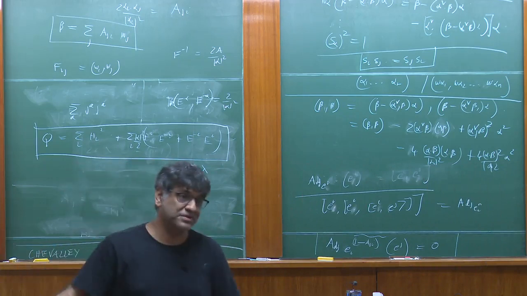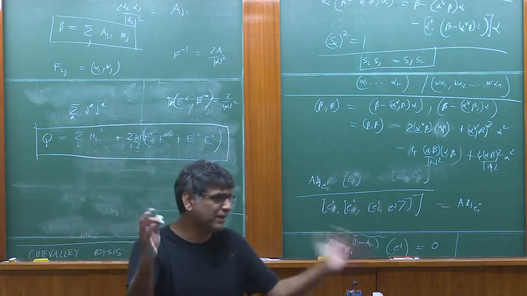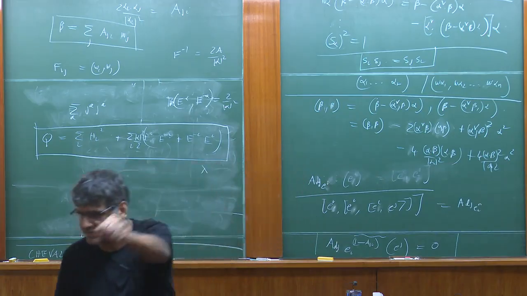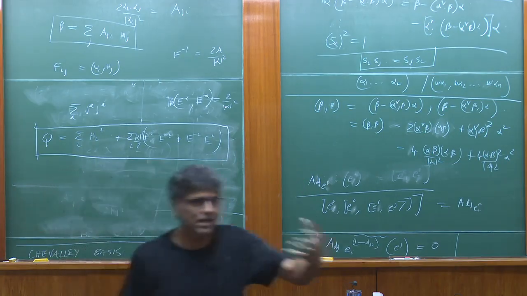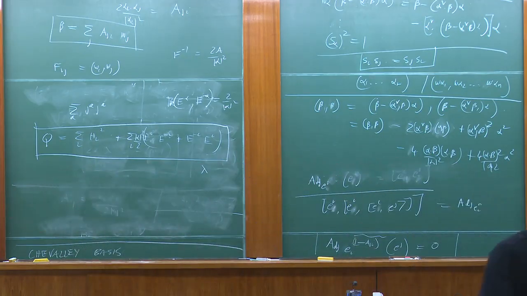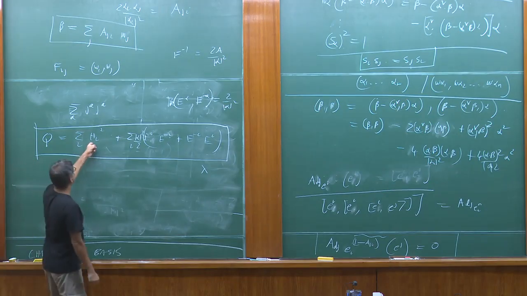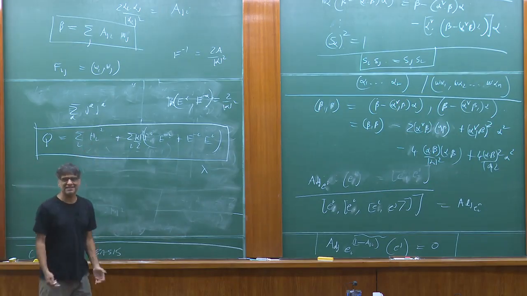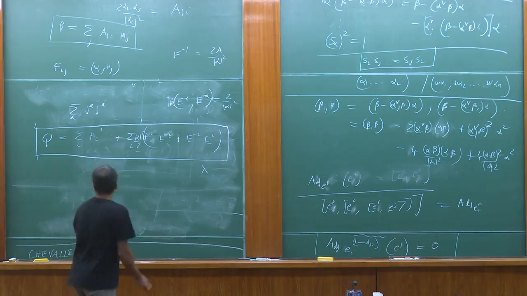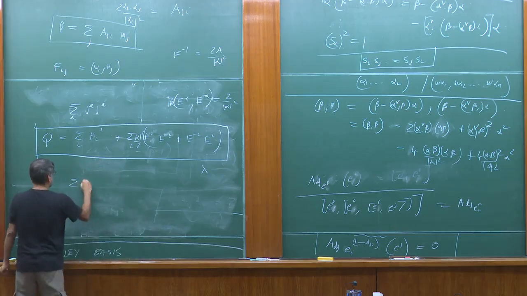We expect to produce something times lambda. And once we can identify that number, that will be the value of the Casimir on any state in that representation. Okay, so let's go ahead and do that. See, it's easier than you think. Firstly, this H_i squared is just lambda_i squared. So this part just evaluates to lambda_i squared.